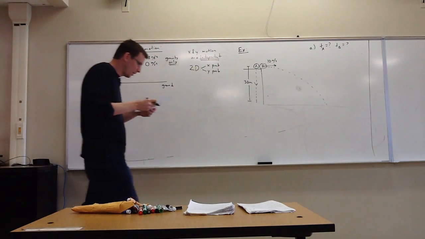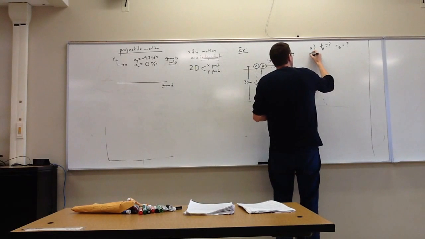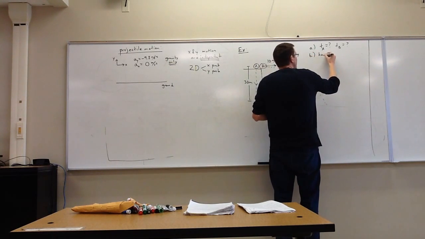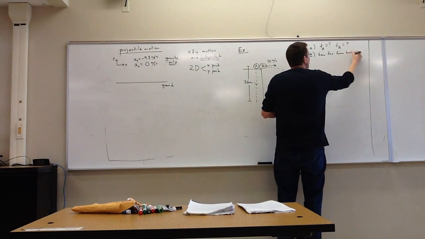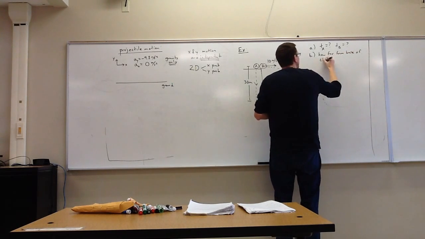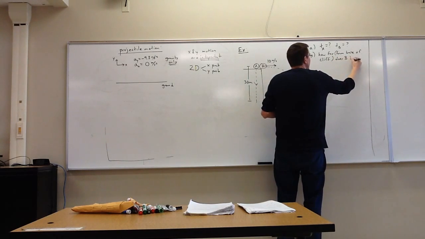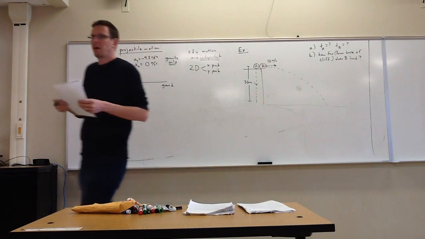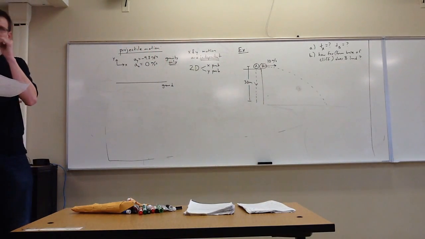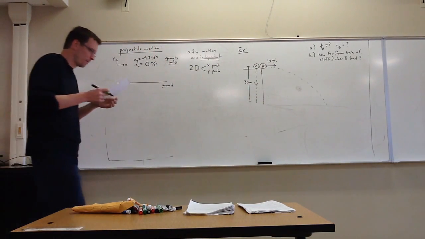Part B: how far from the base of my cliff does B land? I know that B flies away from the starting point horizontally. I want to know how far that is.